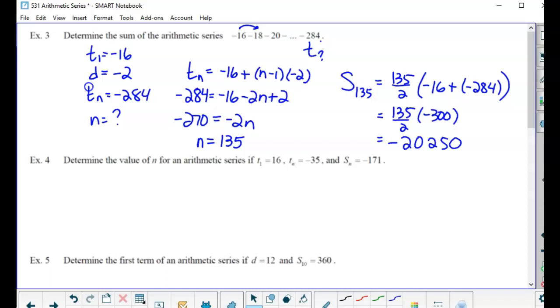Okay, so a sum can be negative, particularly for sure if all the terms are negative, right? But n cannot be negative.